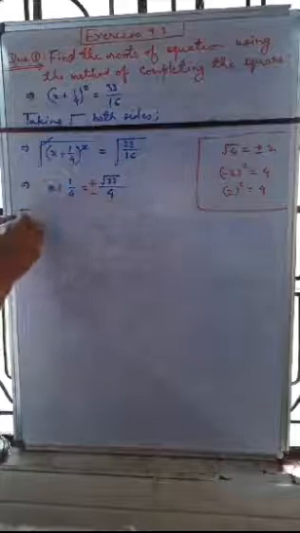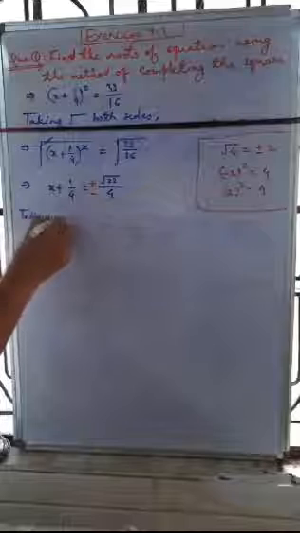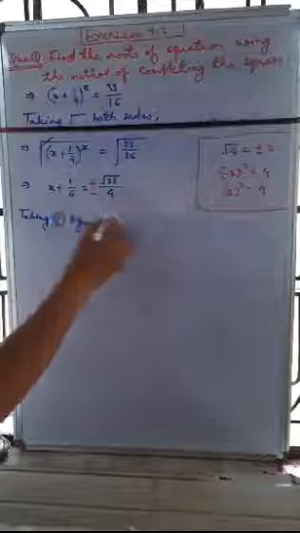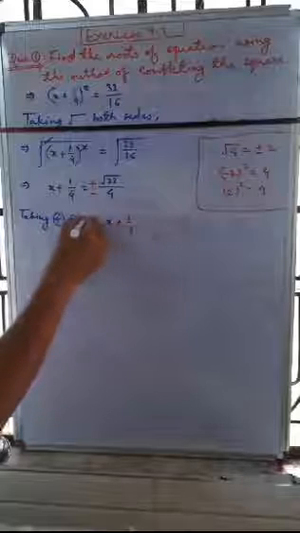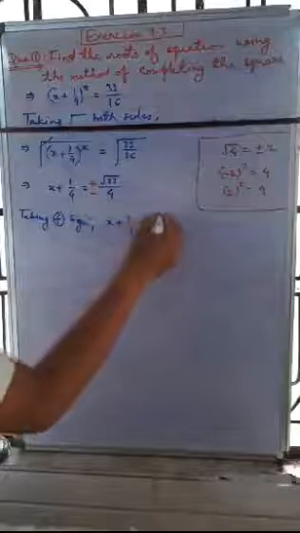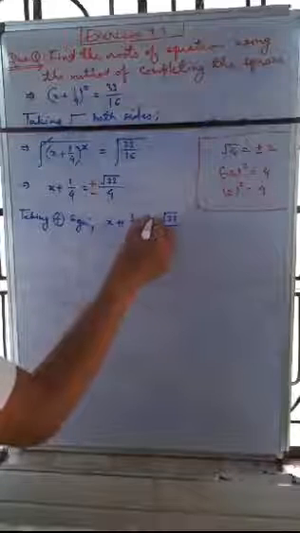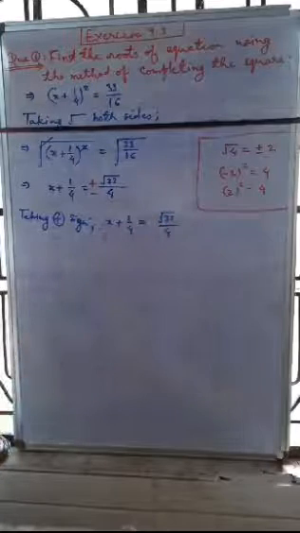So taking the plus sign, we will get the equation x plus 1 by 4 is equal to under root 33 by 4. You can use the plus here, or if you don't want, no problem.